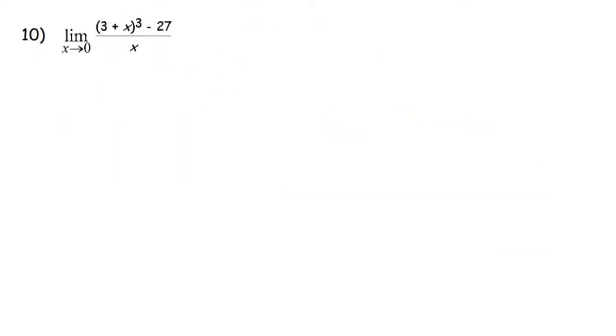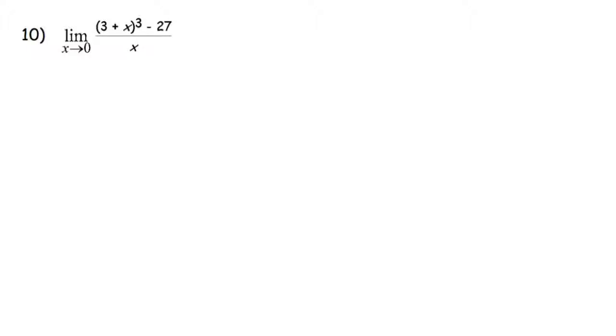Okay, and now for number 10, you can do L'Hopital's rule, or you can really go back to that limit definition of a derivative, because notice here what's going on inside the parentheses. You have 3 plus that x, all raised to the 3rd power. So a couple of ways around doing that.